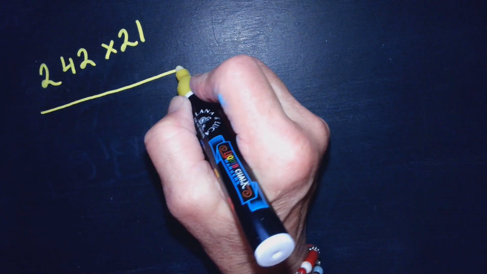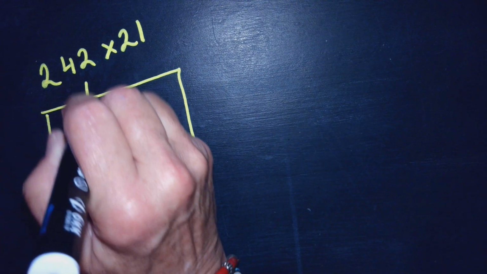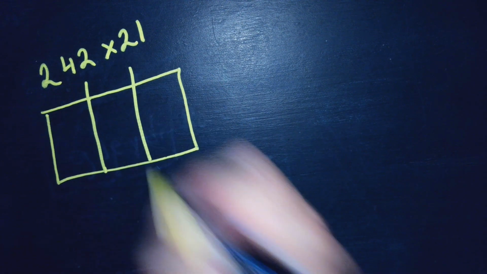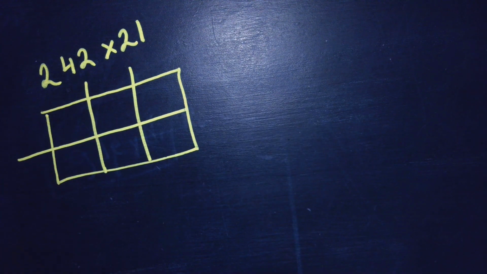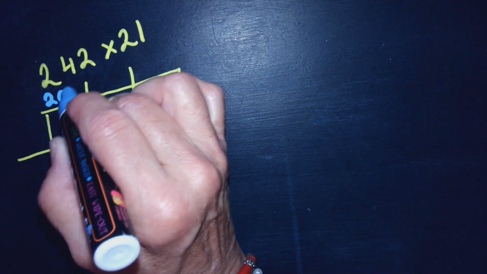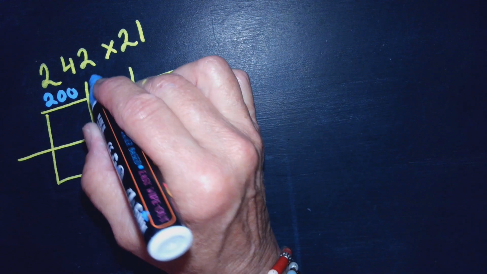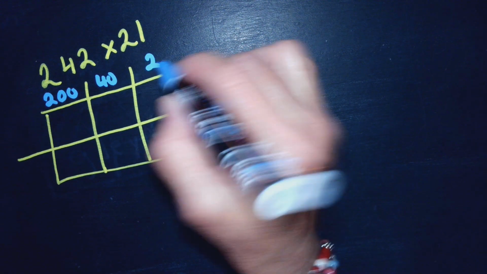So this time I have a 3-digit number times a 2-digit number. So when I make my area model, I'm going to have a 3-digit number going that way and a 2-digit number going that way. Filling in my numbers, the 2 is in the hundreds place, the 4 is in the tens place, and the 2 is in the ones place.